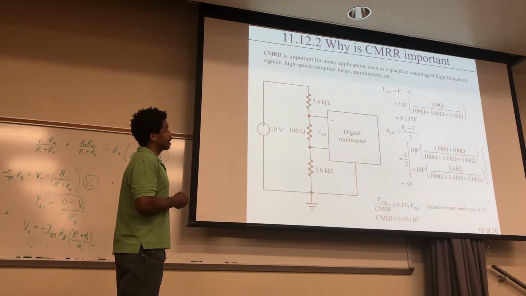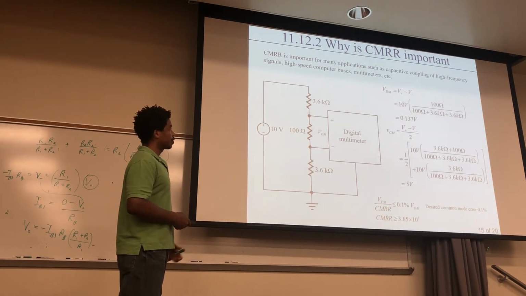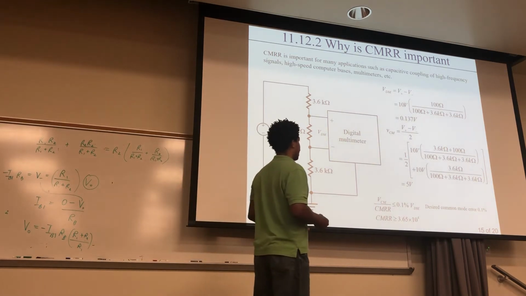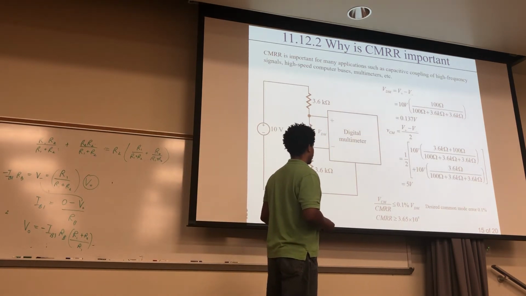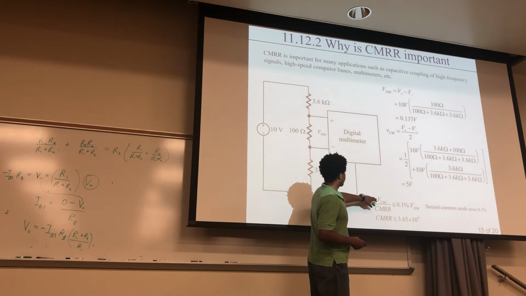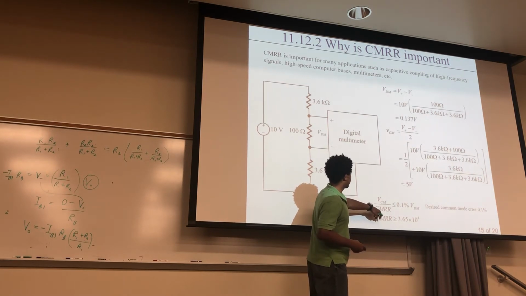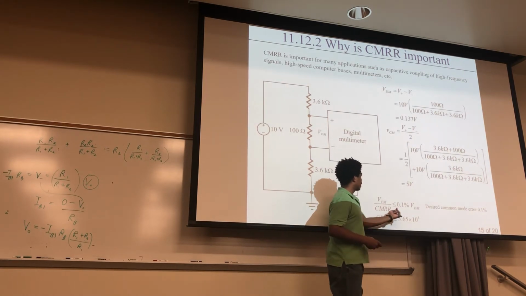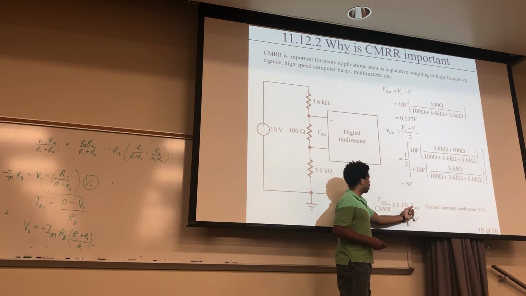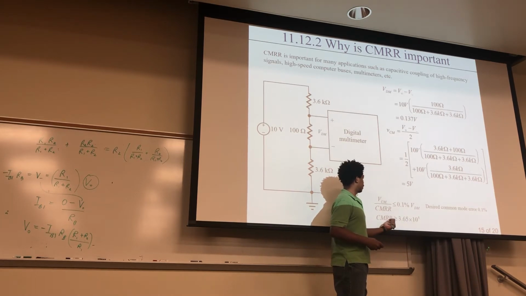So this VCM can actually be much greater than this VDM across here, right? So in this particular case, if you look at the common mode error, which is your VCM divided by your common mode rejection ratio, if you wanted that to be like 1% of what that is, okay, then you could just solve for that to see what this needs to be.